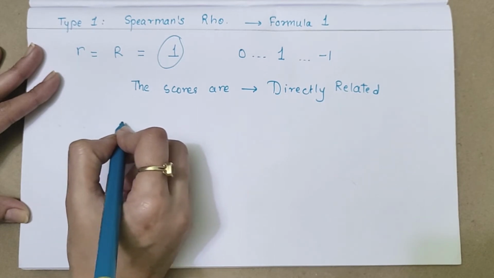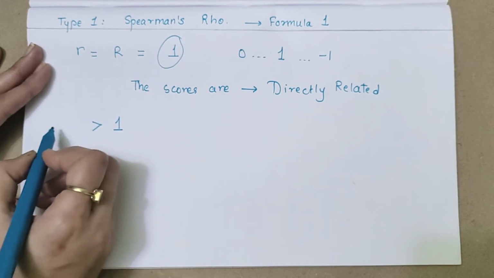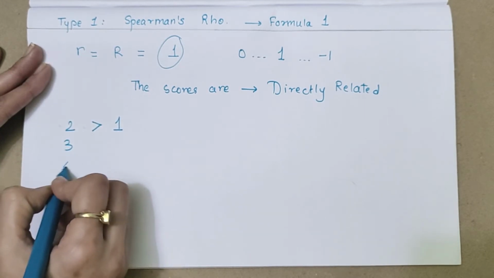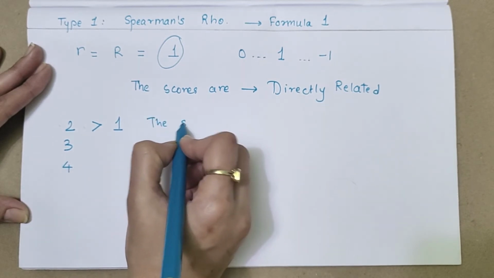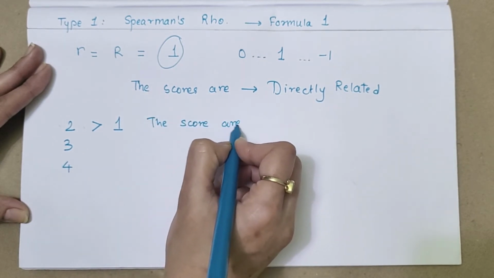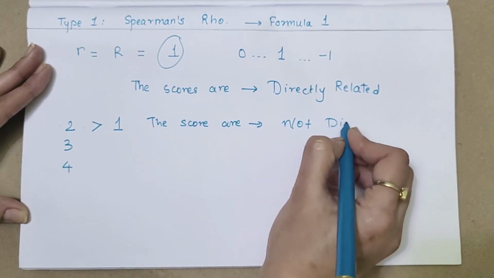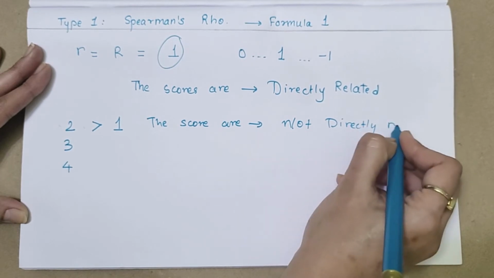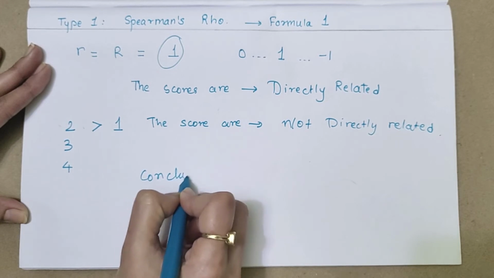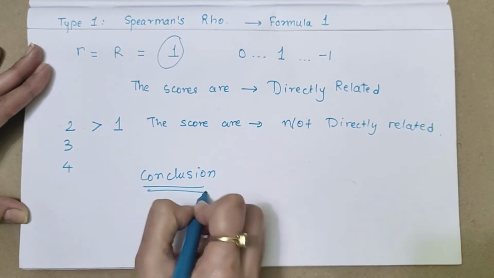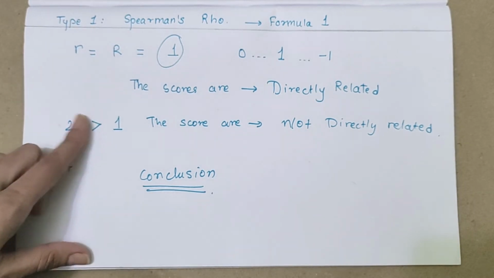And if they are more than 1, something like 2, 3, 4 or anything more than 1, then the scores are not directly related. This is your conclusion. This is what you have to write at the end of the solution.